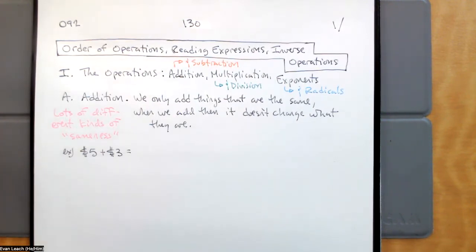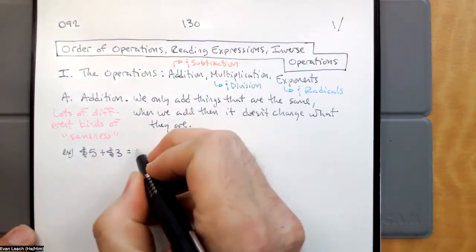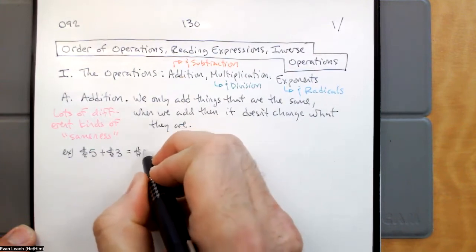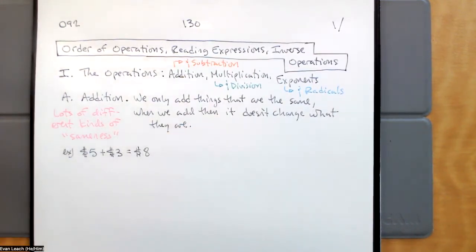If I have $5 plus $3, I can add the 5 and the 3 because they represent the same things. $5, $3, and what do we get? $8. It wasn't a trick question, right? It seems like a trick question because like, oh, hang on a second, this feels like a trick question. No tricks. This is just $5 plus $3 is $8. We get to use addition because the 5 and the 3 both represent the same thing.